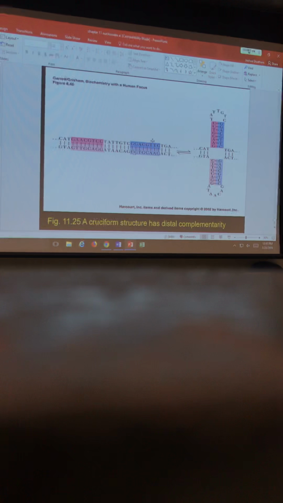One strand of DNA up here has decided to temporarily bind to itself rather than the opposing strand of DNA. Regular DNA is when one strand binds to the other, but a cruciform is when one strand of DNA binds to itself rather than the other strand, and it will do so on both sides right here. It creates this plus shape, this cross shape.